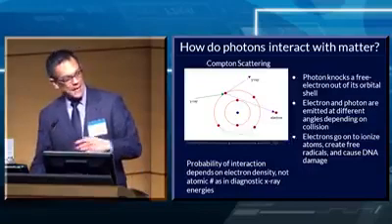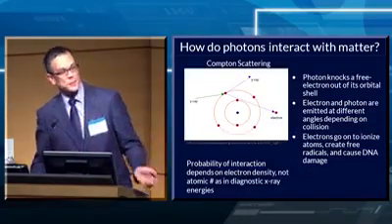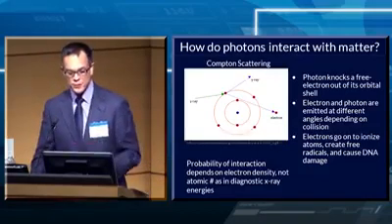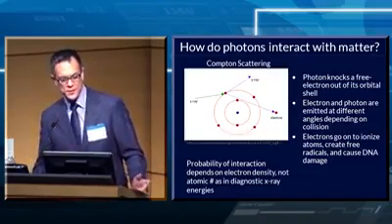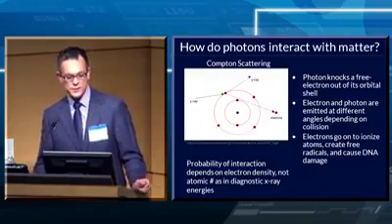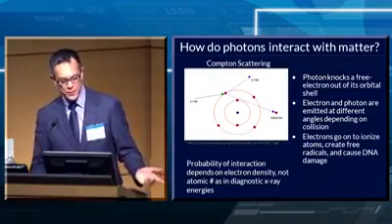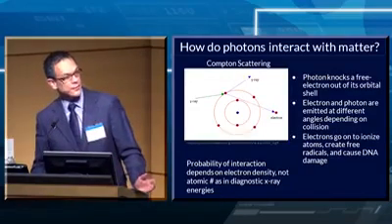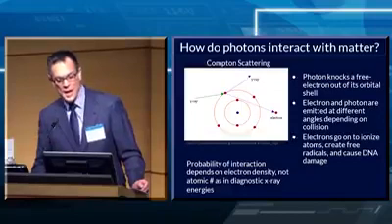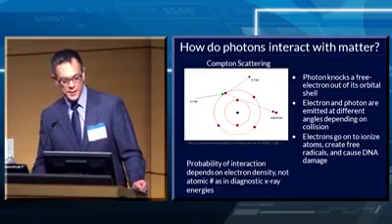So now we've been through a LINAC and a Gamma Knife, so we have photons that are hitting the patient, whether they're gamma photons or X-ray photons. So how do they interact once they hit the patient? There are several different modes of interaction that I'm not going to go through all of, but the most common one at the energies we're dealing with is Compton scattering.